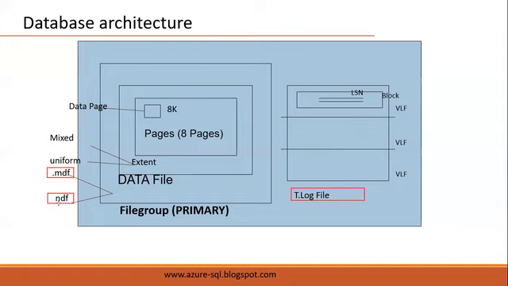MDF file maintains data plus metadata. The secondary data file or next data file has only data. Transaction log file, as we have seen, maintains all the transactions. Every change made to the database is recorded in the transaction log file.